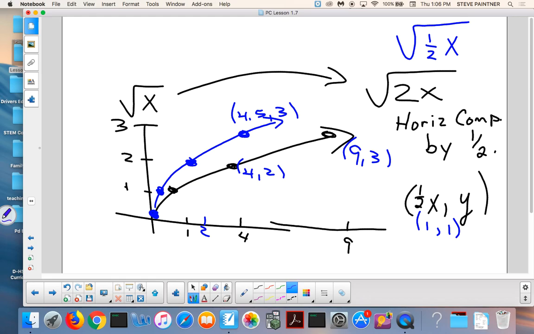It's a stretch, which means you multiply all your x values by what? 2. Which would make 9, 3, what? 18, 3. Way over here. Right? It would make 4, 2, what? 8, 2. You know? Horizontal stretches and compressions. Pull it away from the y-axis or push it towards the y-axis. Okay?